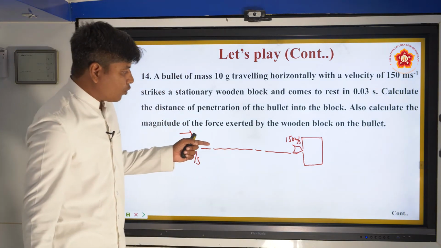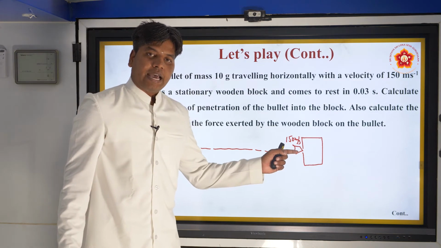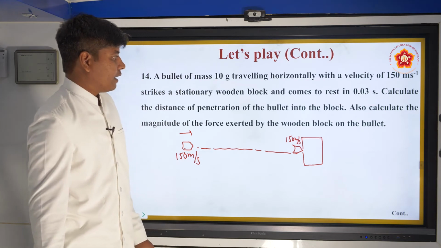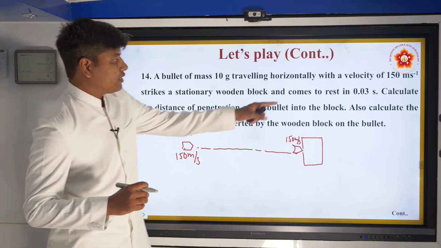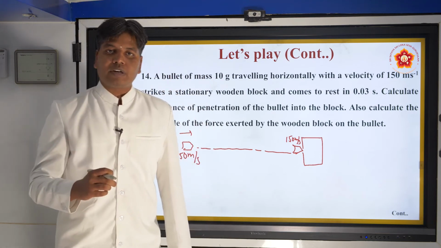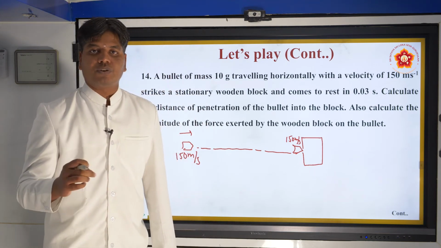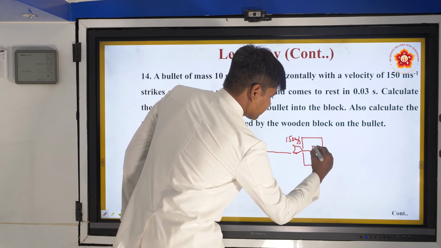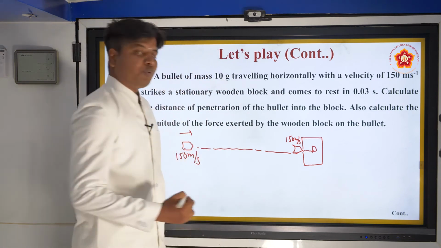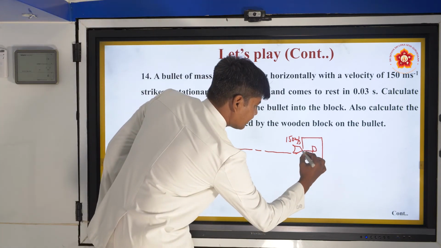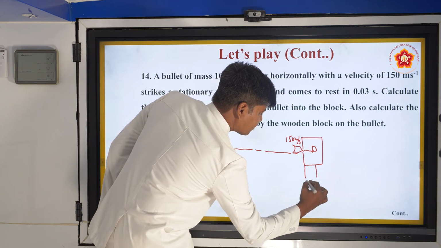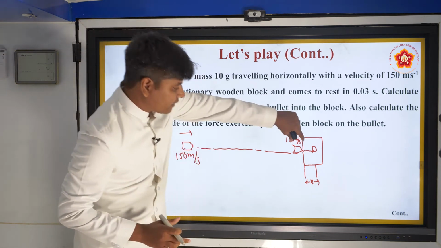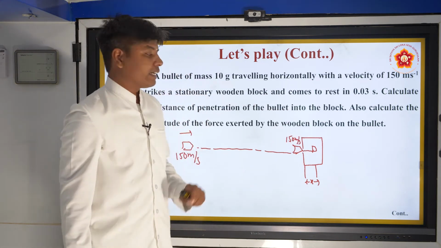Now it is going inside the block and it stops. It is stuck inside the block in the time interval of 0.03 second. It stops means its final velocity is 0. So it goes inside and it stops somewhere here. So we are going to calculate this distance, how much penetration it does. For example, it's x, how much distance it traveled inside the block. That is the question.